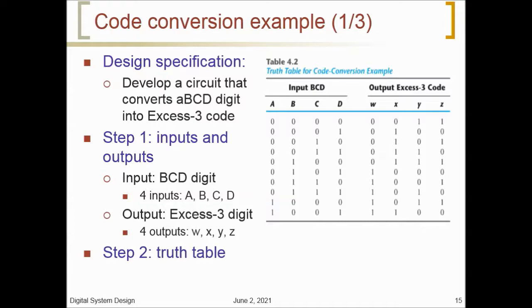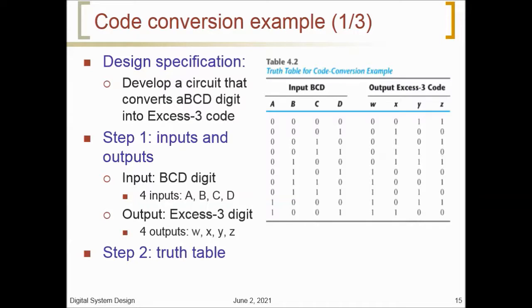The design procedure will be illustrated by an example that converts binary coded decimal, BCD, to the excess-3 code of the decimal digits. We already discussed these two binary coded systems in chapter 1.